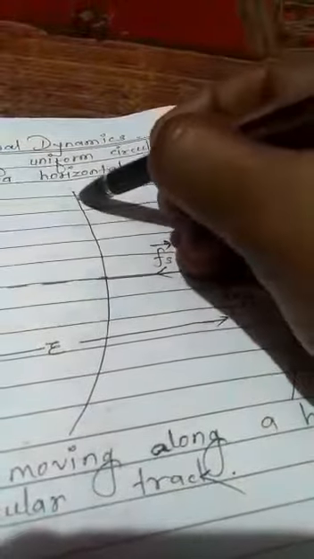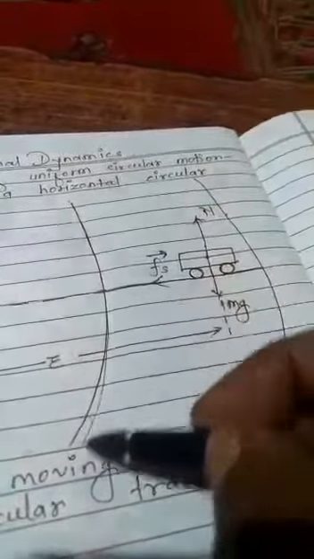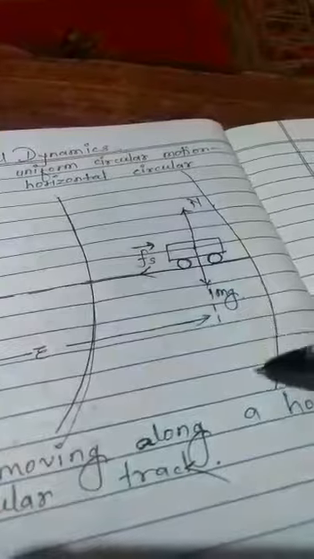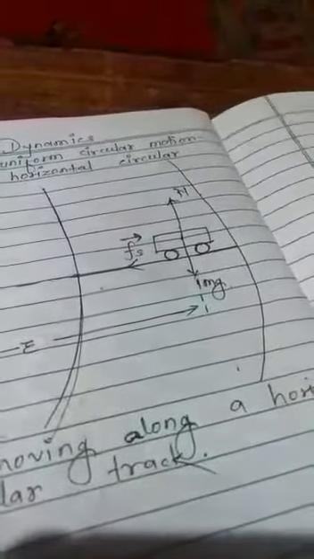Suppose this is a curved road. Its surface is horizontal.